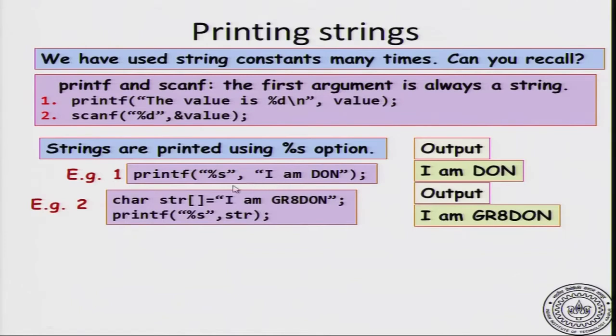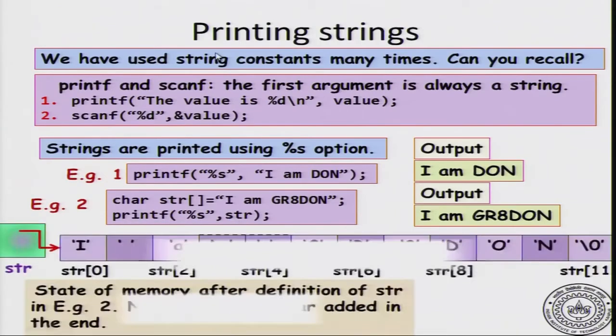Now, what if I initialize a character array, char str, open close square bracket without specifying the size, and I initialize it using a string constant "I am down" within double quotes. Then I print it using printf %s str.